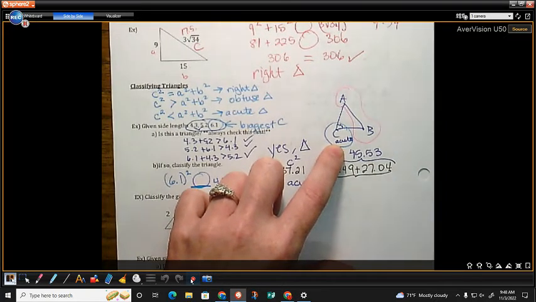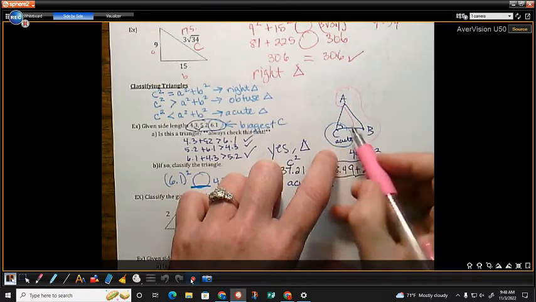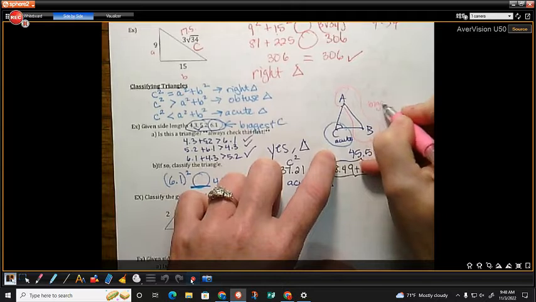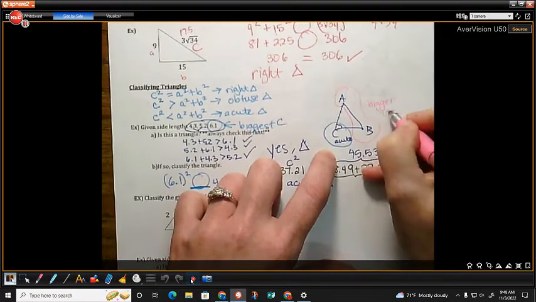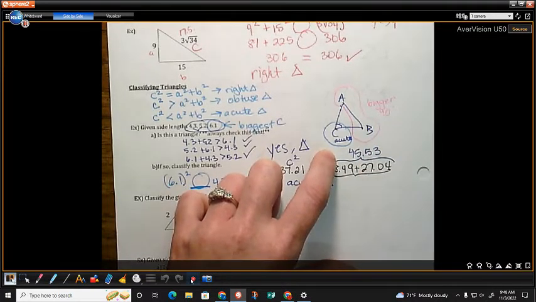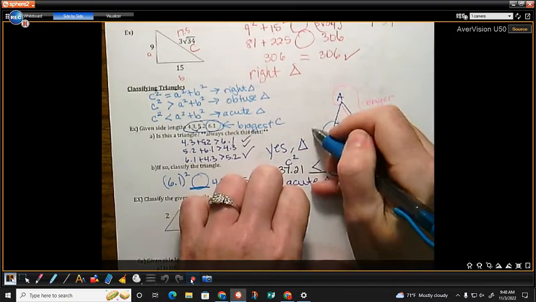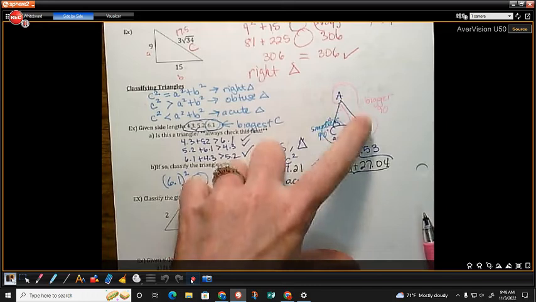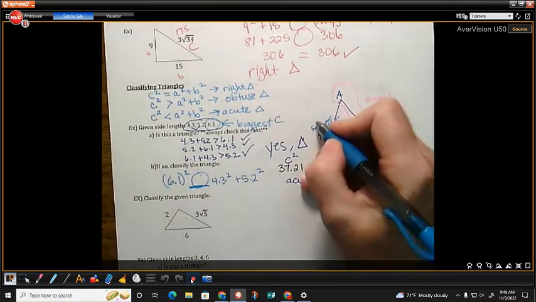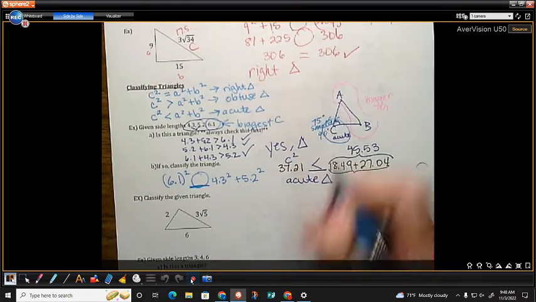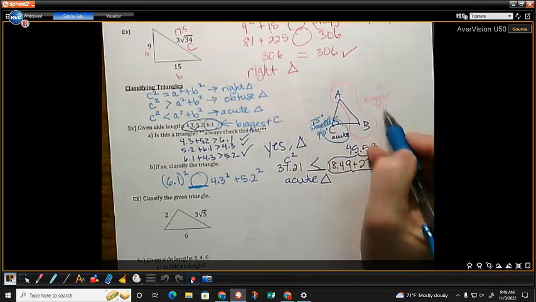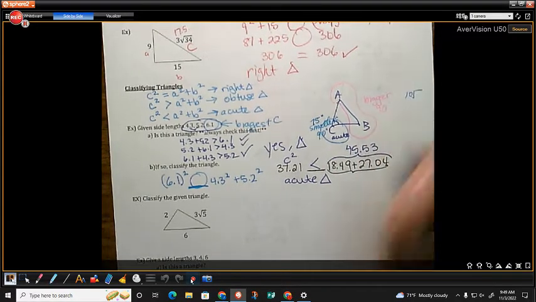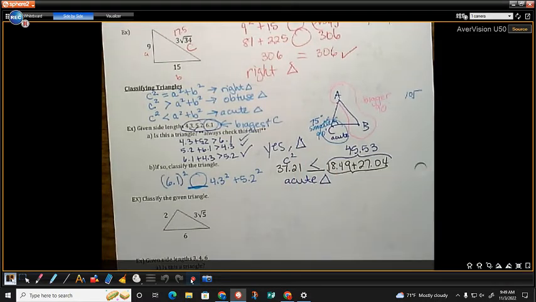They would have to be bigger than 90 in order to add up with something smaller than 90 to be 180. So like if this was 75 degrees, how much would these two have to add up to? They'd have to add up to 105 to make the whole triangle be 180.